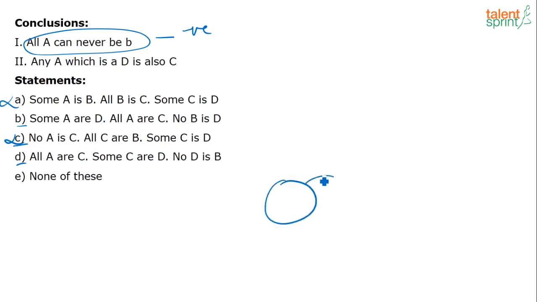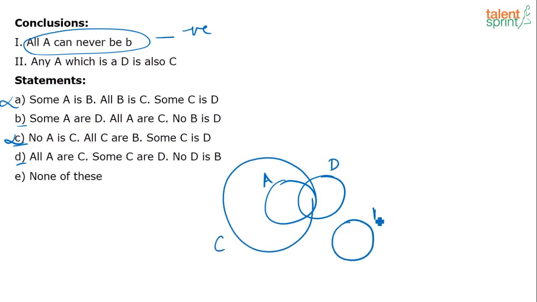So what is given? I am trying out option B first. Some A are D, all A are C, no B is D. So no B is D. These 2 are disjoint. Now all A can never be B. Correct. Yes. See why? Because A and D have something in common here, right?